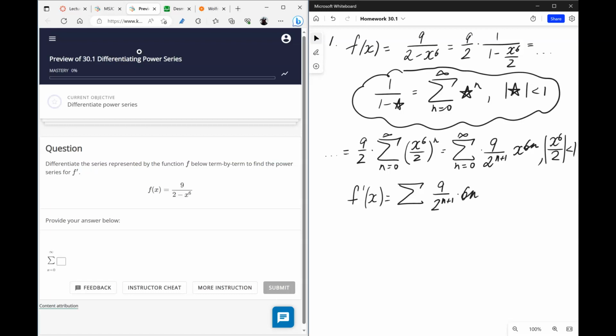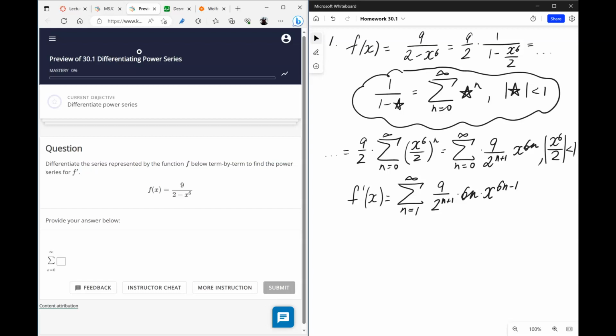So 6n comes down, and we have x to the power 6n minus 1. And now when we differentiate, we are going to bump the index up by 1 to avoid having a negative power.